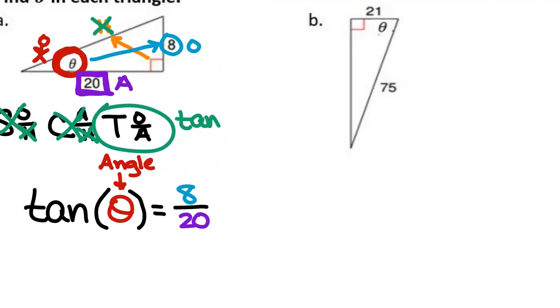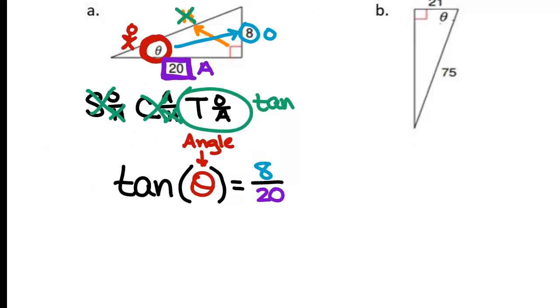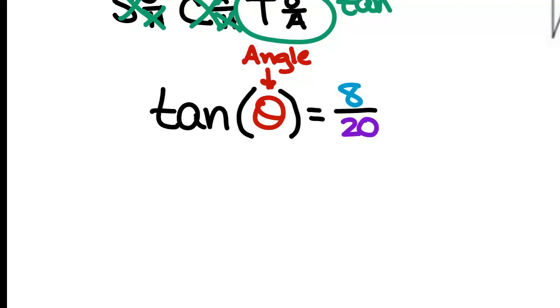If this were a normal equation like x plus 5 equals 7, what would you tell me to do next on this problem? Subtract. Why subtract? I like it. You're right. We need to get x by itself. So we want to make that plus 5 cancel out. And what cancels out addition is subtraction. Well, here, I need to get the theta by itself. That's my unknown thing.